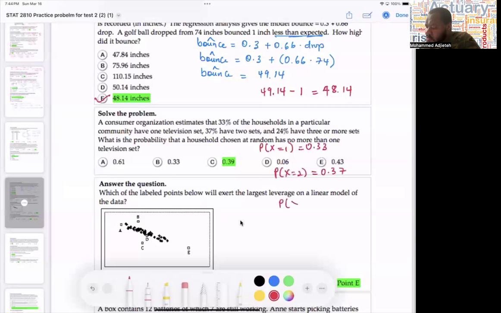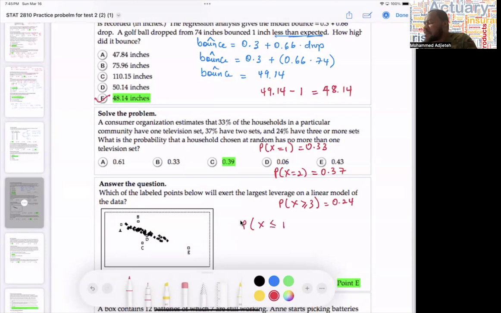So probability that X is greater than or equal to 3 is 0.24. Now the question is, what is the probability that a household chosen at random has no more than one television set? Has no more than one. So probability that X is less than or equal to 1.